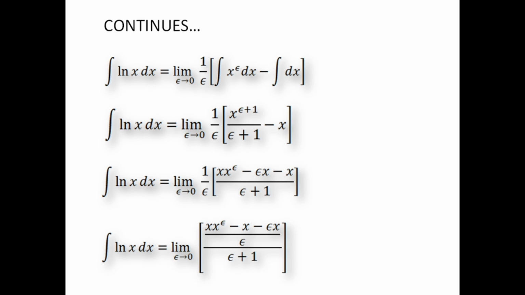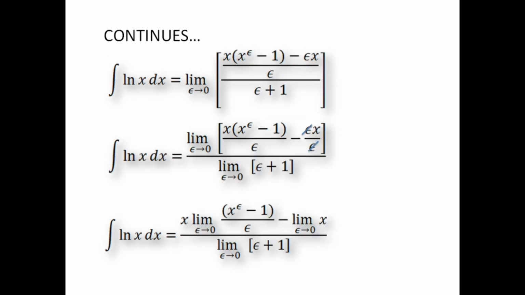Now we are dividing by epsilon; we have moved that 1 by epsilon into the numerator. We have pulled x out of the common terms, so x to the power epsilon minus 1 minus epsilon, times x, divided by epsilon plus 1.